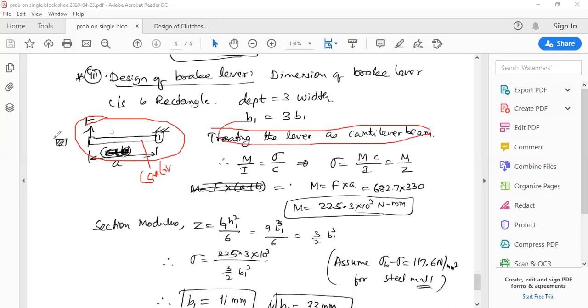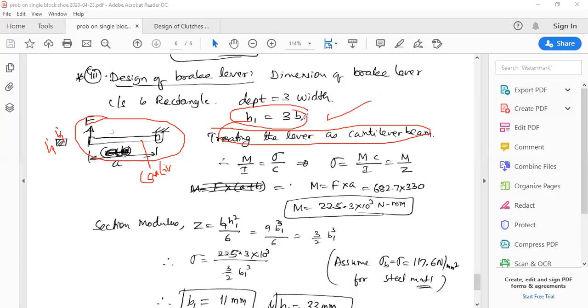So it has a cross section of B dash as the width and H dash as the height. These are already shown here as H1 and B1. H1 is equal to 3 times B1, which is given.